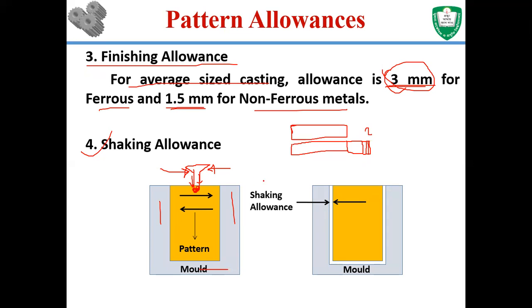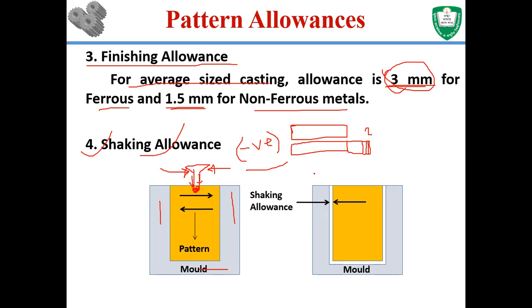That is why we say that shaking allowance is a negative allowance. In all other cases, the dimension of the pattern increases, but in the case of shaking allowance, the dimension of the pattern decreases. That is why we call it negative allowance.